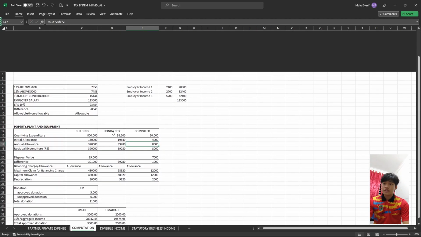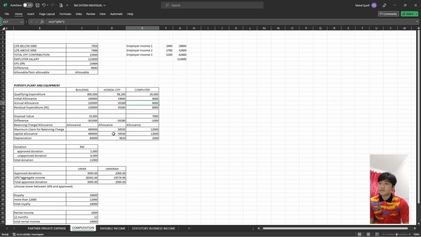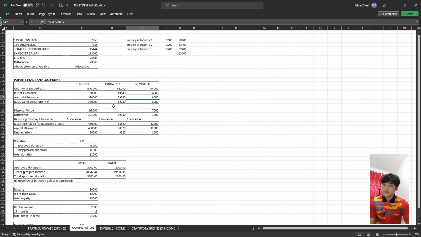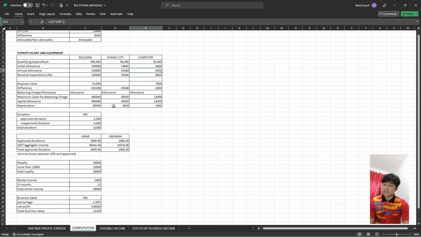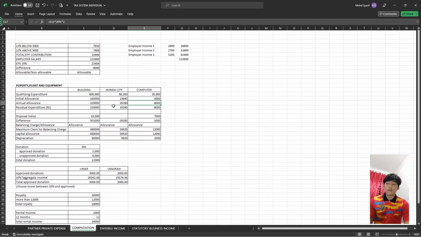For the computations, I have PPE, donations, other income, and the total income, which is inside the statutory income. First and foremost, the employer.